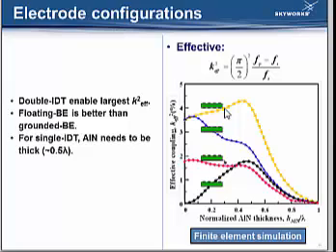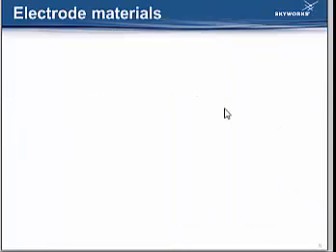So comparing these four configurations, we see the double IDT configuration enables the largest effective coupling coefficient, and the floating bottom electrode is better than the grounded bottom electrode. For the single IDT configuration, aluminum nitride needs to be relatively thick, around 0.5 lambda.